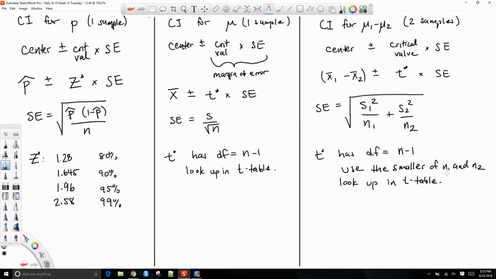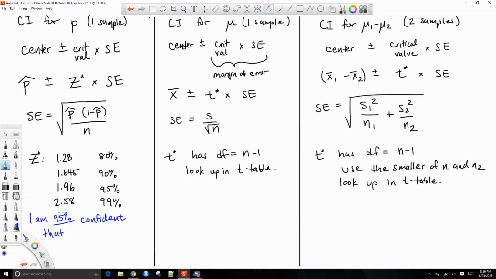What are the correct interpretations of each of these? For this one, I am 95, or 99, or 90, or 80, whatever, percent confident.